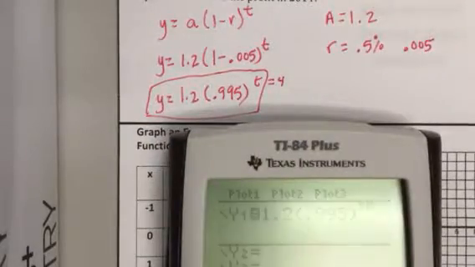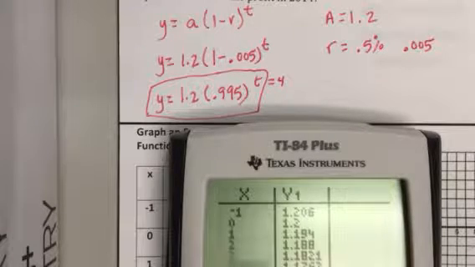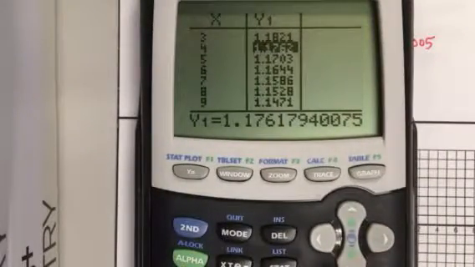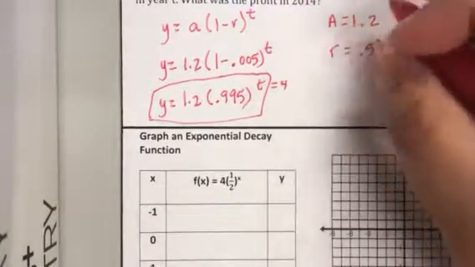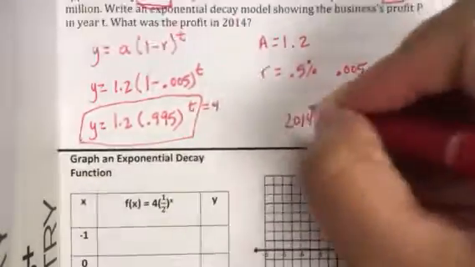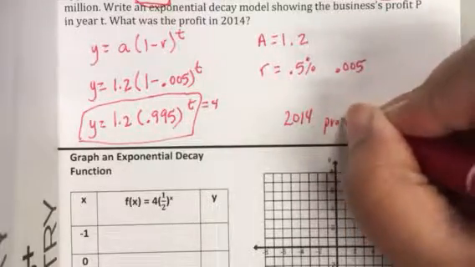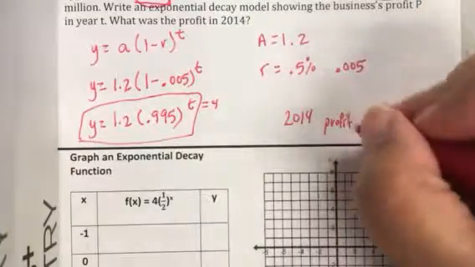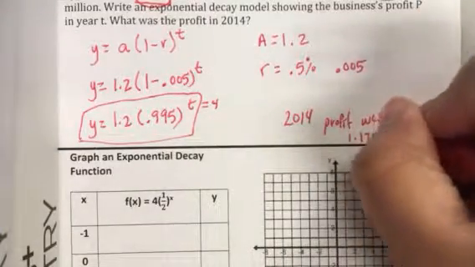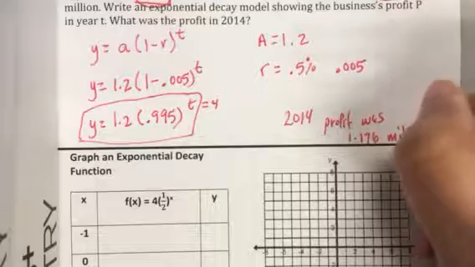So I'm going to go to second graph, and I'm going to go down to 4. So here's the number, and it's a big number. I'm rounding to the third decimal point, so 1.176. So in 2014, the profit was 1.176 million.